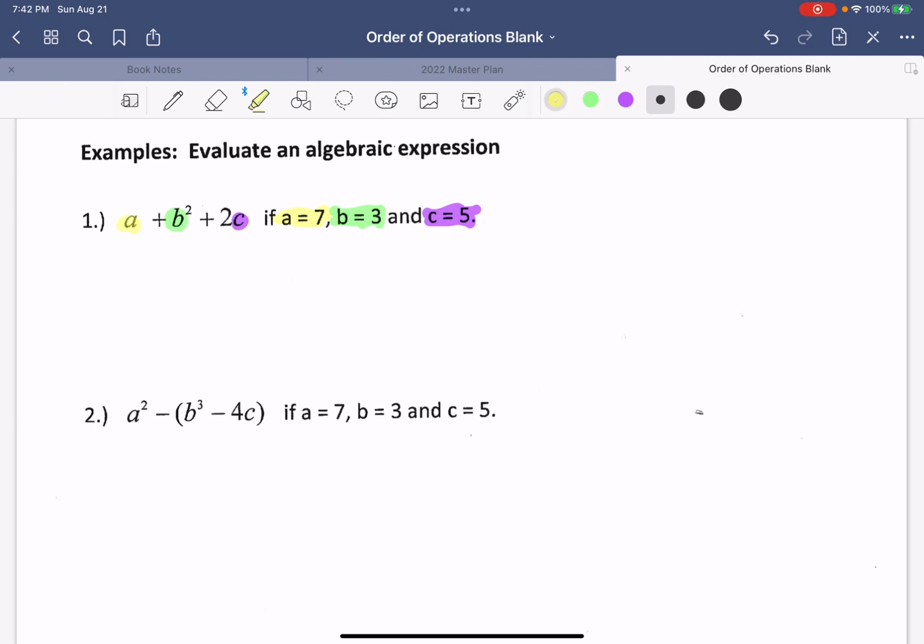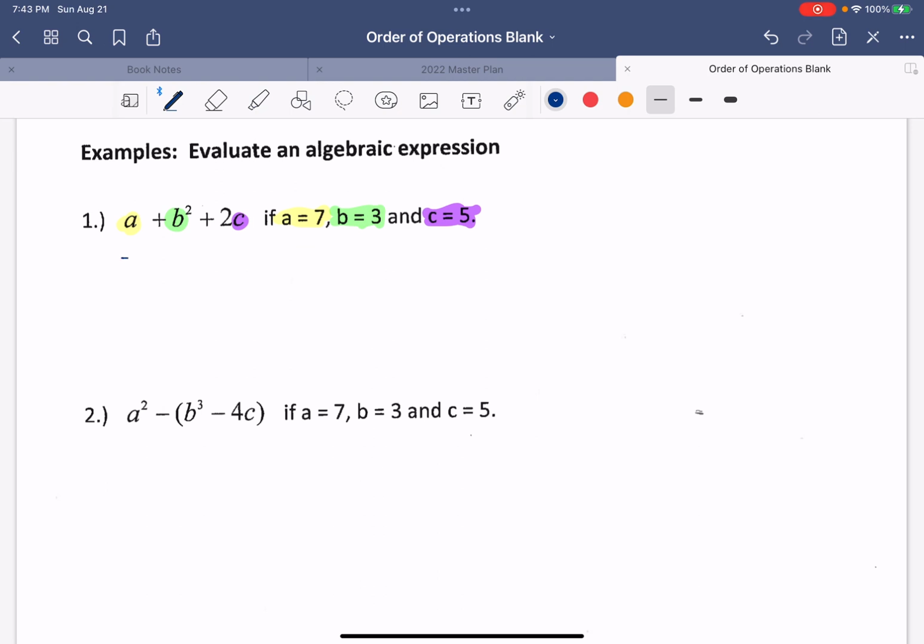A common mistake that I see, and I've done this myself too, is writing 7A. Nope, we're not going to write 7A plus blah blah blah. The A should disappear. You don't see it at all, because 7 is equal to A, so you can replace the A with the 7.